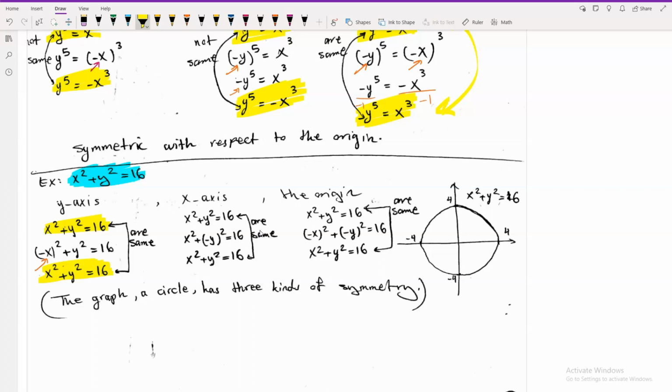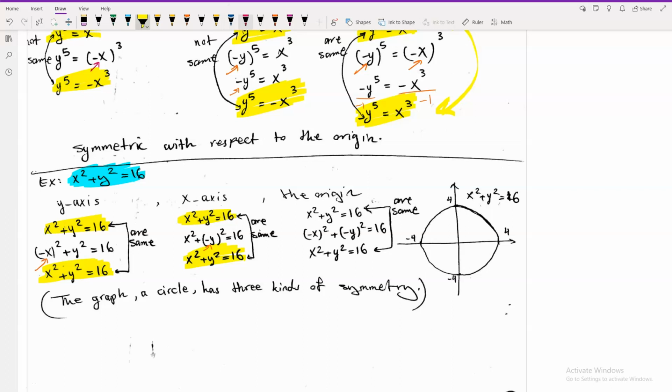Now for x-axis, we have to use negative y instead for y. Again, because of having this power, negative y squared, we will have positive y squared. So comparing these two, the one that was given with what we have after testing, again, we have exactly the same result. So that means this is symmetric with respect to x-axis.